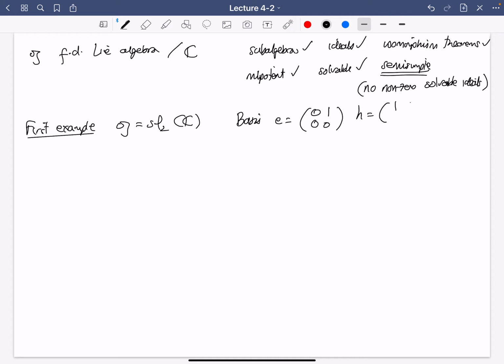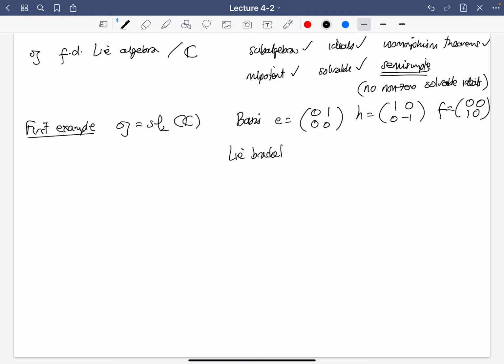H is the matrix 1, 0, 0, minus 1. And F is 0, 0, 1, 0. So that's the standard basis, and this is standard notation, E, H, F, for this most important three-dimensional Lie algebra.